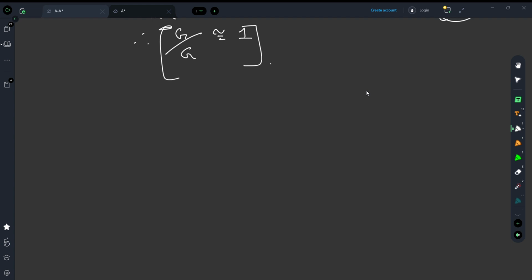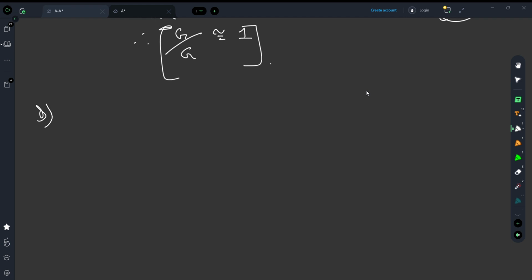But the kernel is indeed a subgroup of G, right? We have already proved that in some previous lecture. Now the obvious question arises: if eventually we are requiring some subgroup of G to define this quotient group, then can we do it with respect to any arbitrary subgroup of G, right?